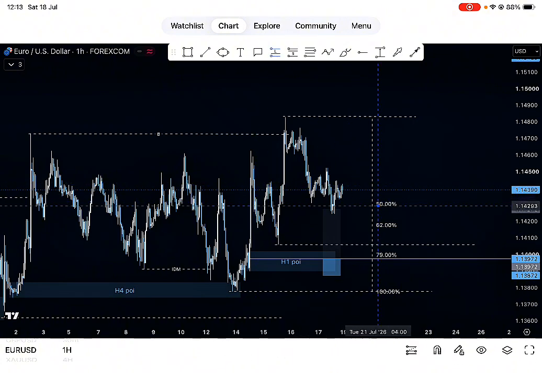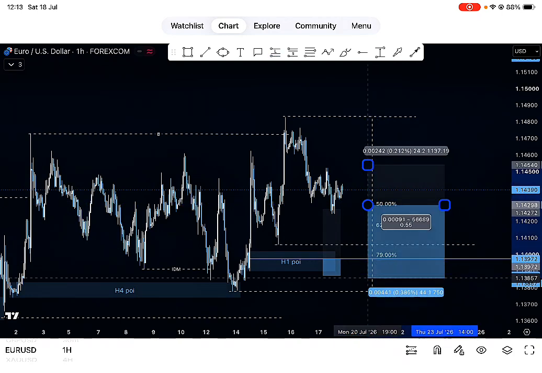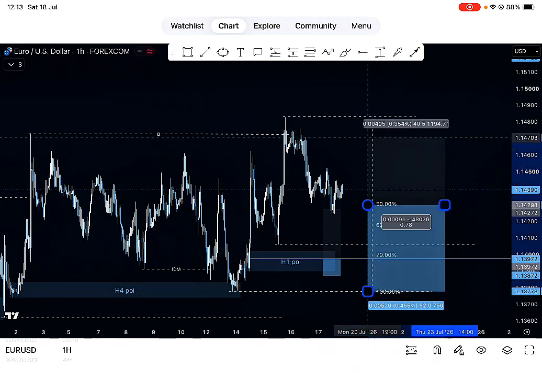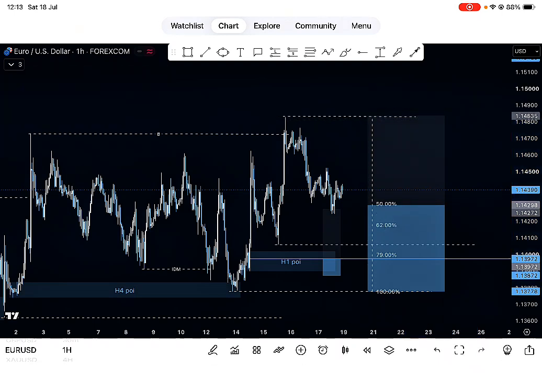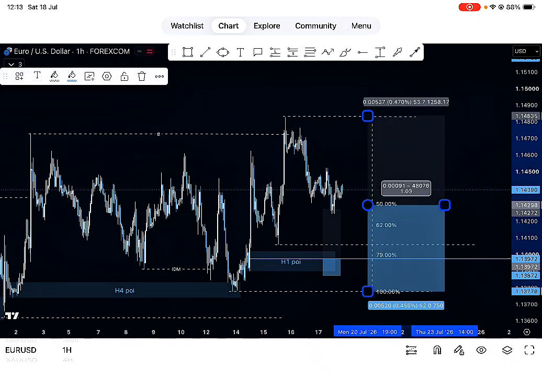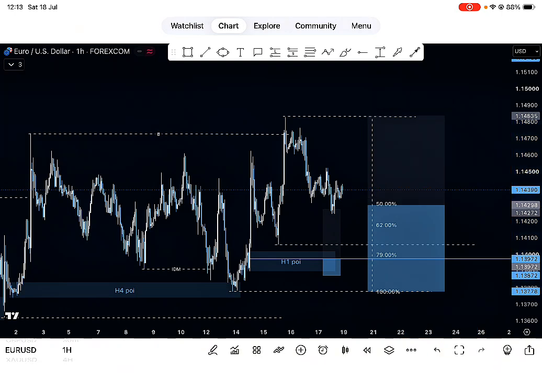I have the 50%. So from here to here, this blue place, from the beginning of this 50 to the 100%, there are discounted zones where you can buy cheaper and sell higher and make profits.